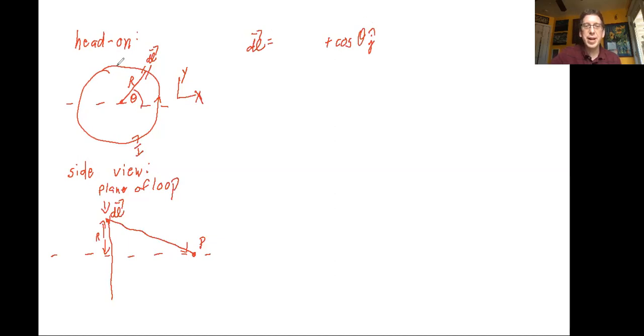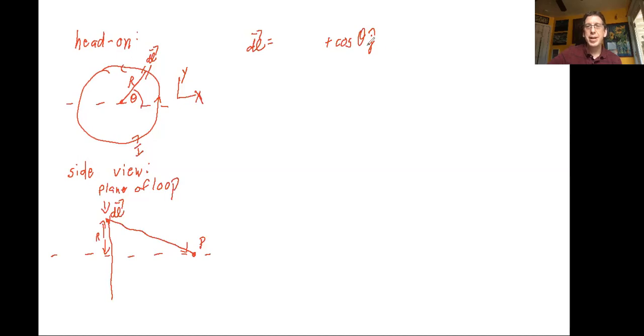Now let's look at the top. So we're defining it as a counterclockwise current. So at the top, the current points to the left. That choice is arbitrary, but if it's clockwise, everything is reversed. So at the top, it's pointing to the left, so it's in the negative X direction when the sine of theta equals 1, but there's no Y component.